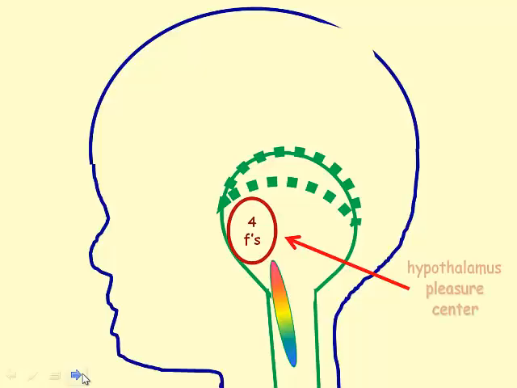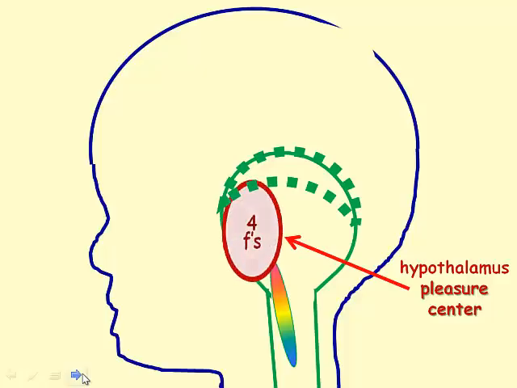Sometimes the brainstem in general is called the seat of the 4 F's: F for fighting, F for fleeing, F for feeding, and F for fornication. The hypothalamus in particular could be called the seat of the 4 F's.